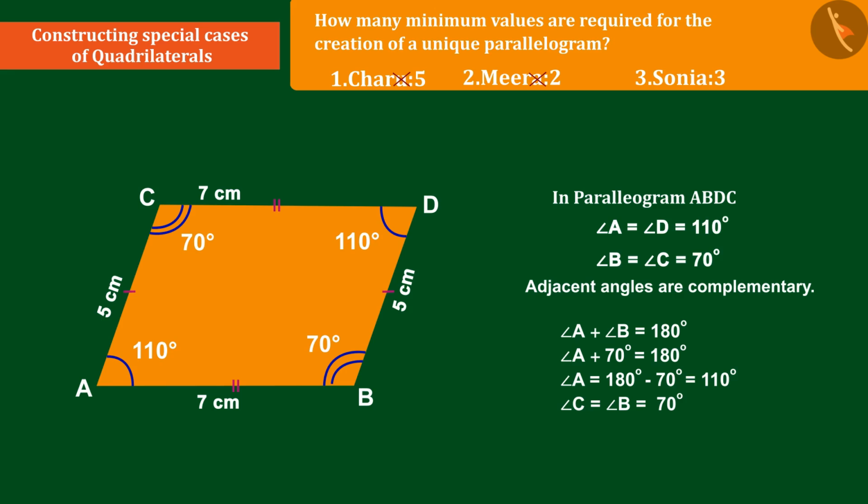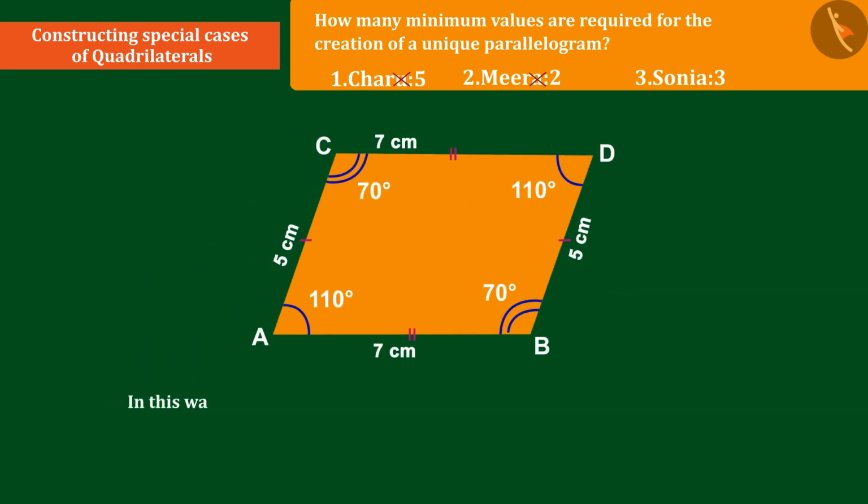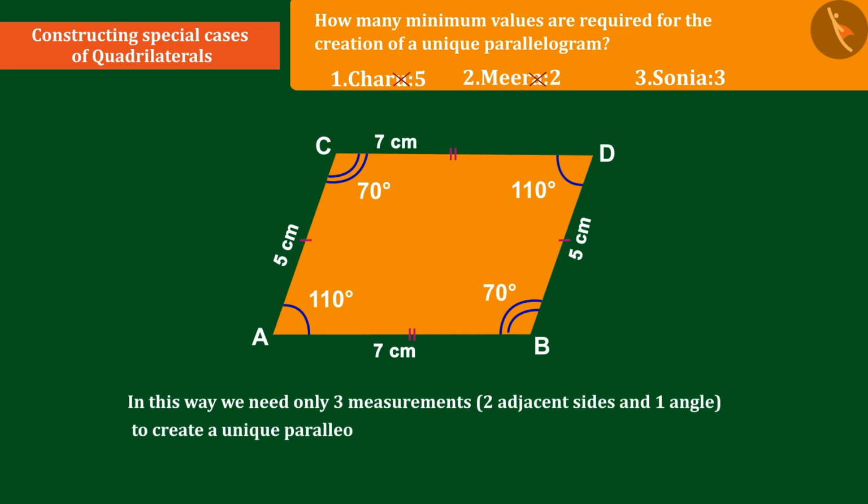In this way, we found the measurements of all the angles of the parallelogram, and taking these values, a parallelogram can be created. In this way, we need only 3 measurements, 2 adjacent sides and 1 angle to create a parallelogram. So, Sonia's answer is absolutely correct.